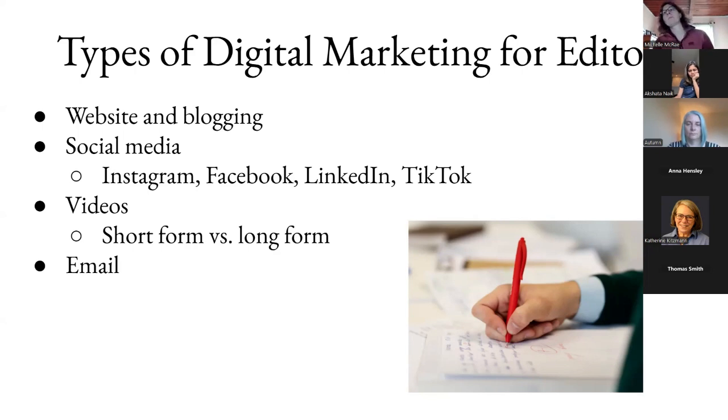I use an app called Buffer. You can create a free account and you can connect 3 platforms. So I use Facebook, Instagram, and LinkedIn, and you can just post one time on Buffer and it'll share to those 3 accounts. And so you're not having to go to each platform all the time and share your posts.